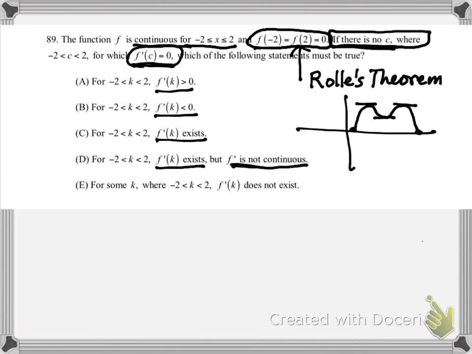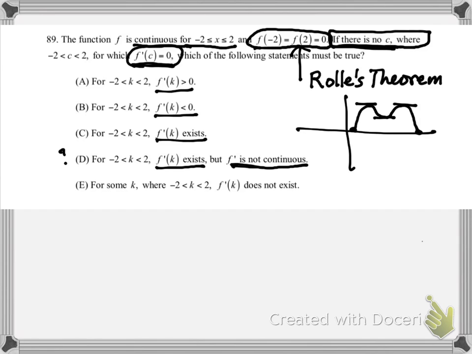So D is questionable there, because it's telling us that the derivative exists, but it's not continuous. It rather contradicts itself, because when we say it's differentiable, it must be continuous, right?